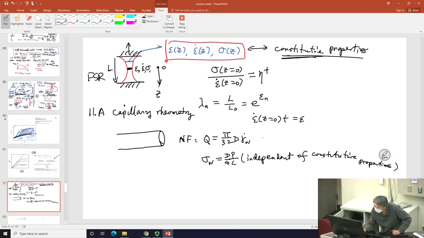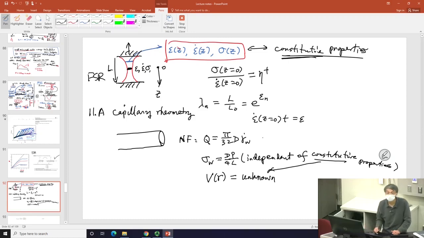However, if you really want to know what the deformation field is, you won't be able to know it unless you know the constitutive relationship. And this is why we were able to solve it for the case of a Newtonian fluid, because we know the constitutive relationship. Otherwise, it's unknown. Of course, in general, you may say, hey, it may look somewhat parabolic-like, but we don't know the exact shape of it. Okay?